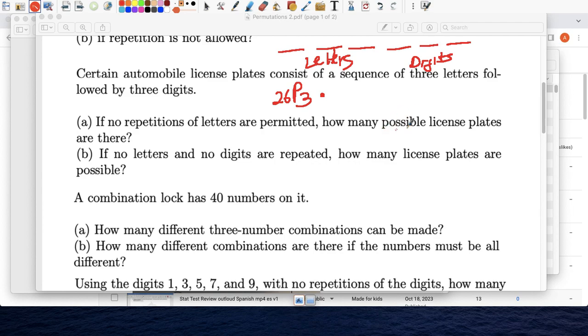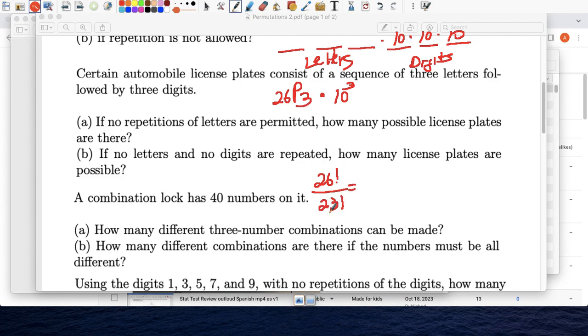Times, well, the digits can be repeated, so this will have 10 choices. I'll have 10 choices here, and I'll have 10 choices here. And that's what I'll do. 26 taking 3 at a time, let me do it the long way. It's going to be 26 factorial over 26 minus 3, which is 23 factorial.